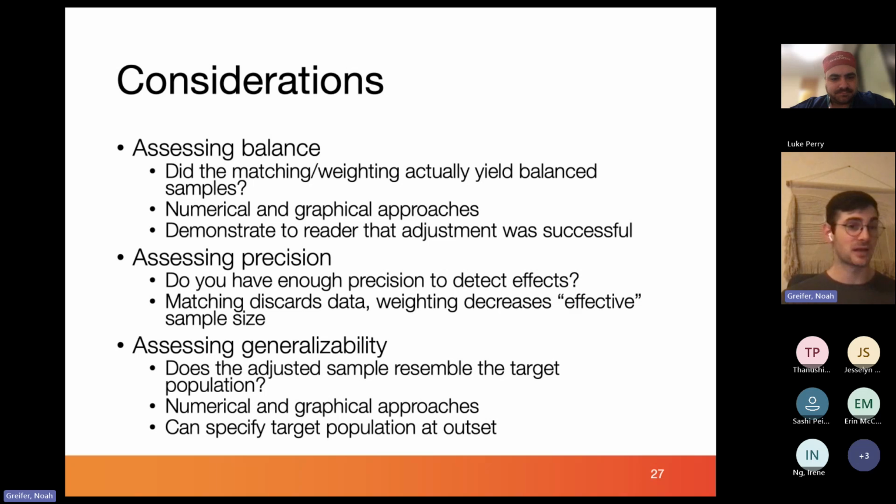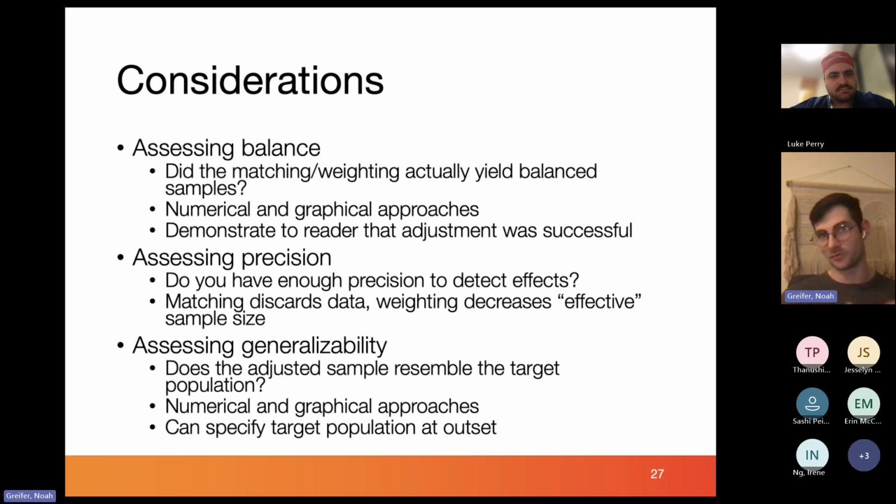And then you need to assess generalizability, which is to what extent your sample represents the target population that you are trying to generalize your inference to. Luke briefly mentioned this. I didn't focus on it too much, but you can estimate treatment effects for different types of individuals, including the individuals who are likely to receive treatment, or those likely to receive control, or the entire population, or some subset of it.